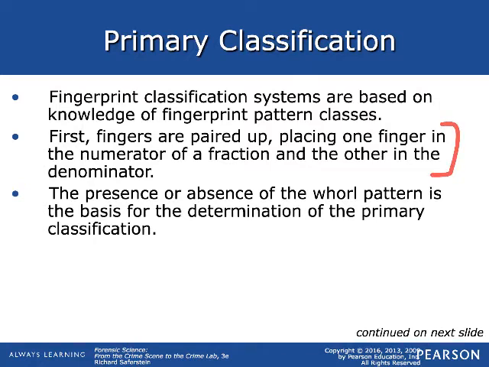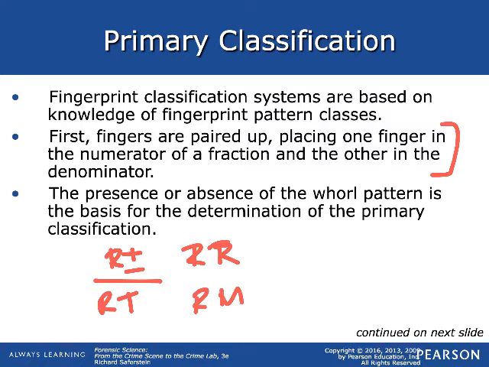Fingers are paired up, and they place one finger in the top of a fraction and the other in the bottom. It's written in the book, but I don't expect you guys to memorize it. So they might put the right index finger over top of the right thumb, and then the right ring finger over top of the right middle finger, and so on. So they have all of these fingers set up in these equations.